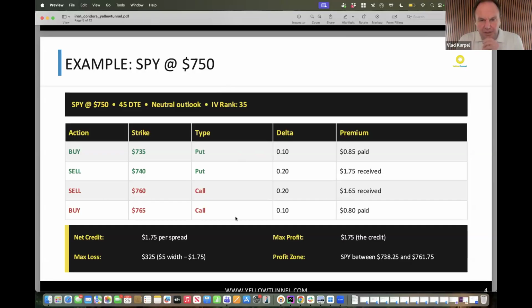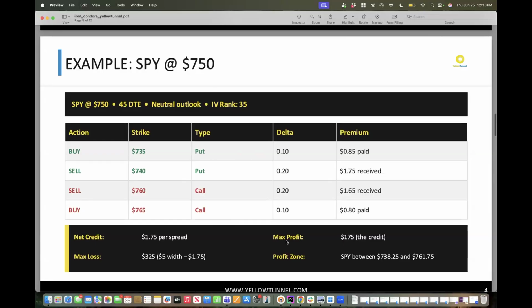Keith, anything you want to add on this example? Yeah, I think the biggest element I'd like to add is that the max loss is not that both of these trades lose. If I lose on the call spread because we ran up to 770, my put spread is going to expire worthless, so I'm going to have a little bit of offsetting profit.